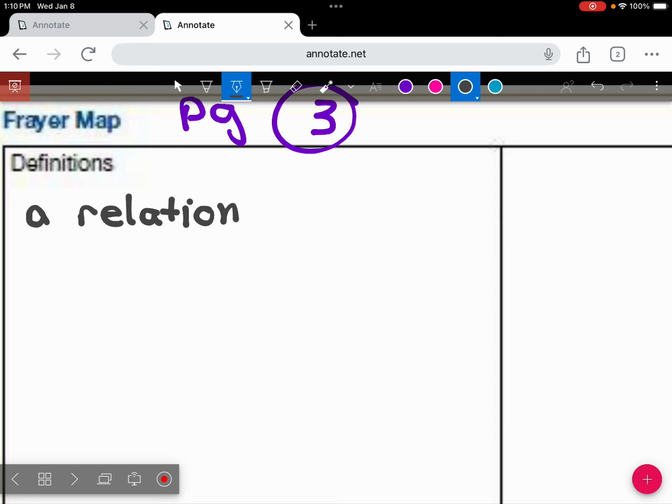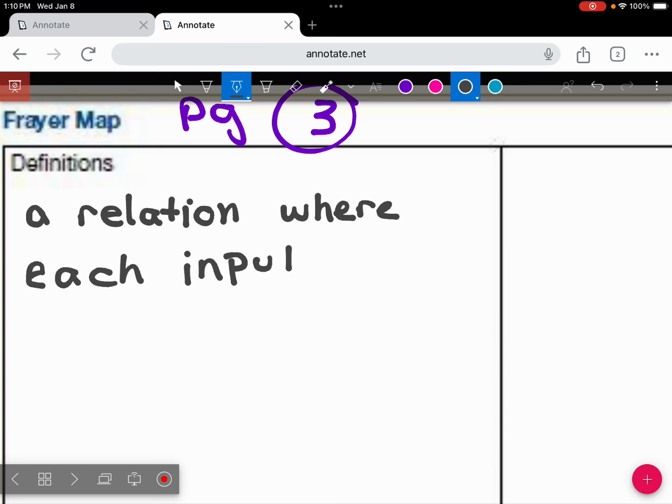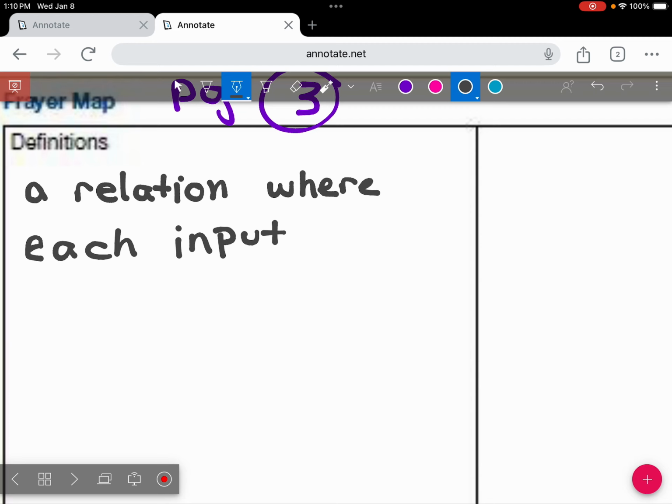It could be the relationship between two of those weird circle things. It could be any number of kinds of things. Where each input, good gravy, this iPad's in a mood today, has only one output.